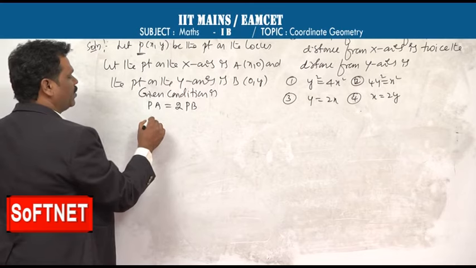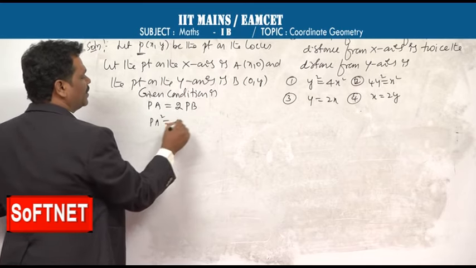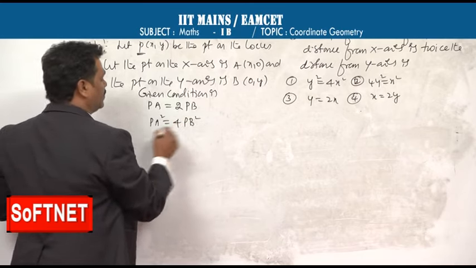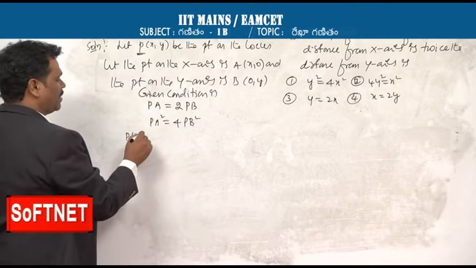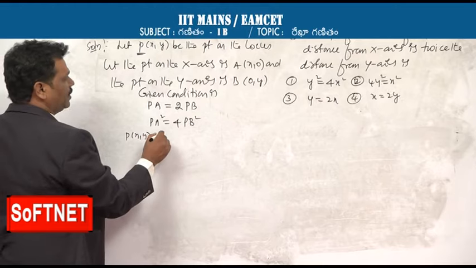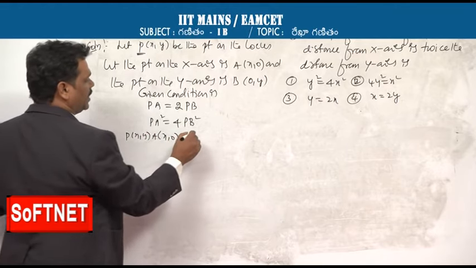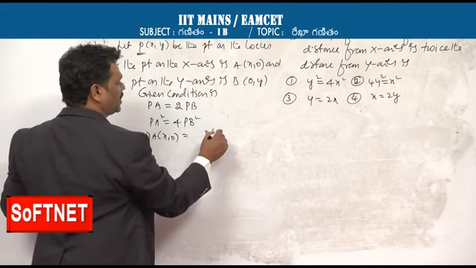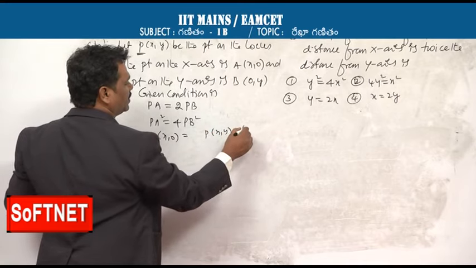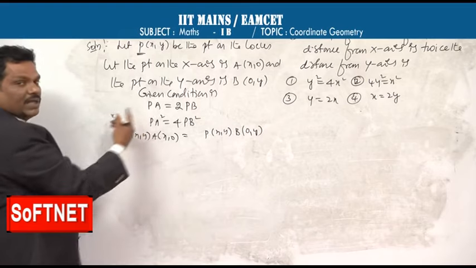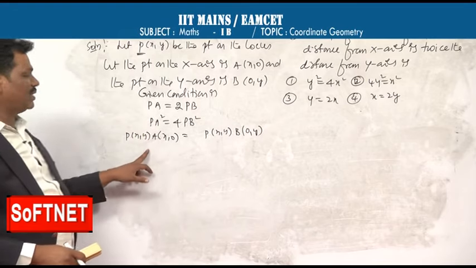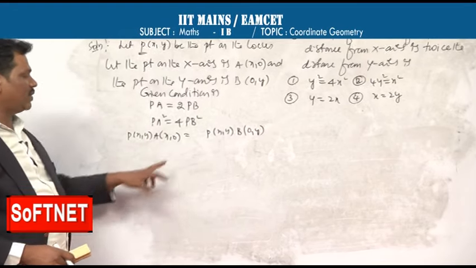Squaring both sides, PA square is equal to 4 PB square. What is PA square? Distance between two points: A is (x, 0), P is (x, y), B is (0, y). Applying the distance formula, PA square means root is cancelled: (x2 minus x1) whole square plus (y2 minus y1) whole square.